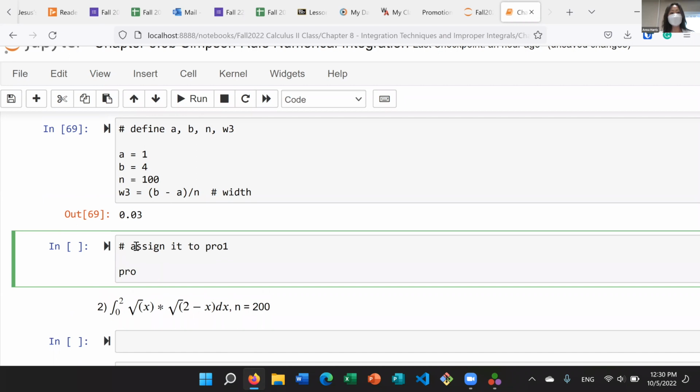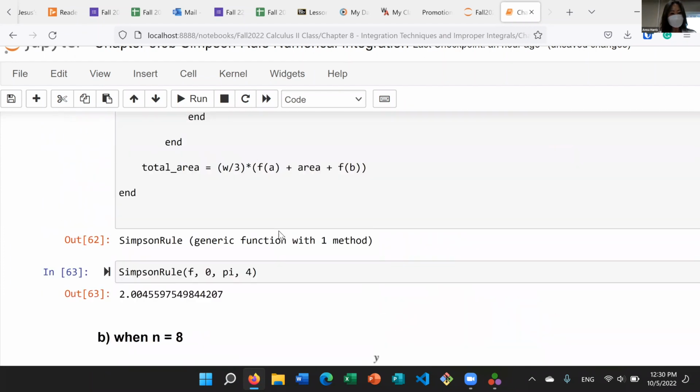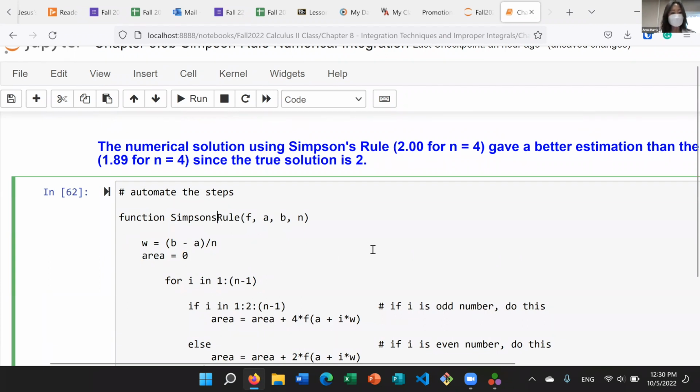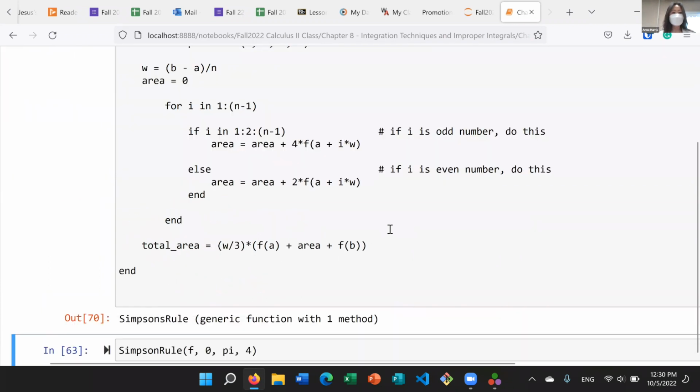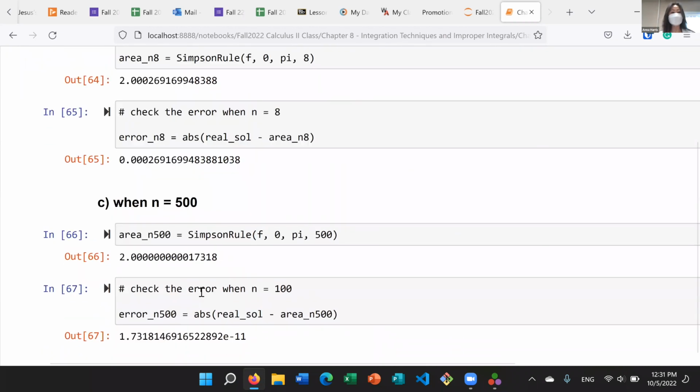So I'm going to say problem 1 is equal to what? What's my function's name? Is it Simpsons or Simpson? Should be Simpsons. I made a mistake. It's just everybody calls it Simpsons rule, not Simpson.